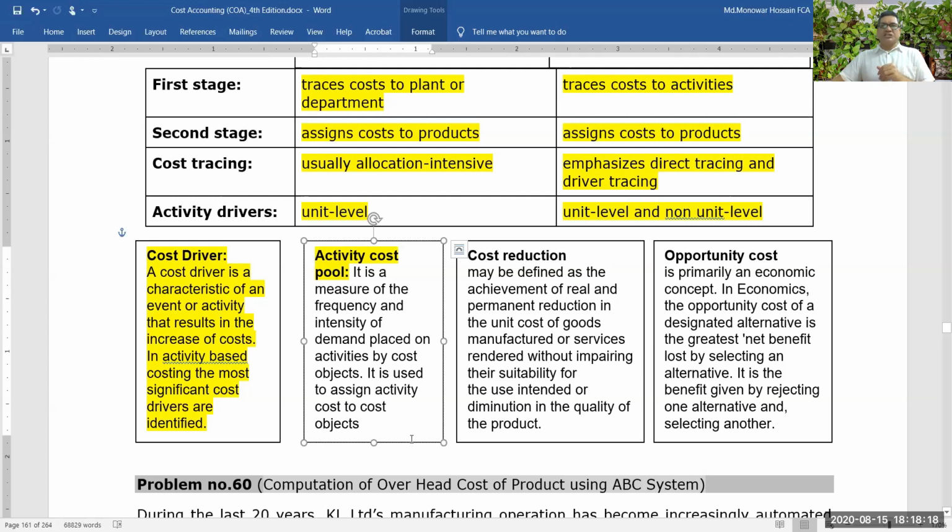Cost reduction may be defined as the achievement of a real and permanent reduction in the unit cost of goods manufactured or services rendered without impairing their suitability for the intended use or the quality of the product. And opportunity cost is primarily an economic concept: it is the net benefit lost by selecting one alternative over another.